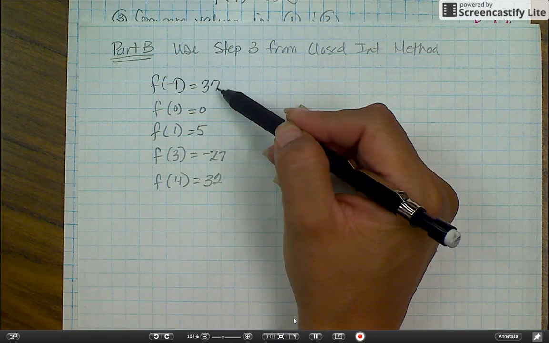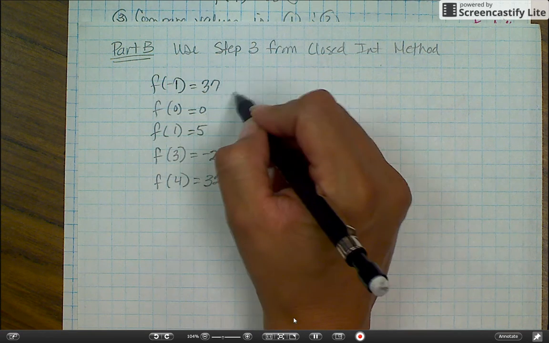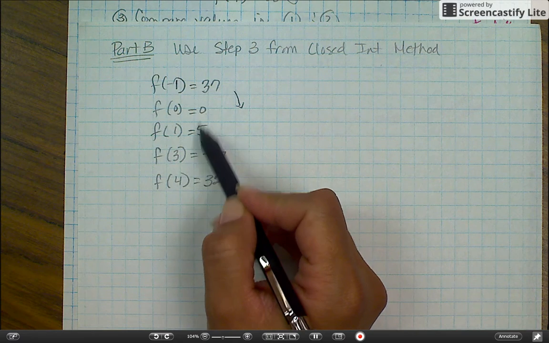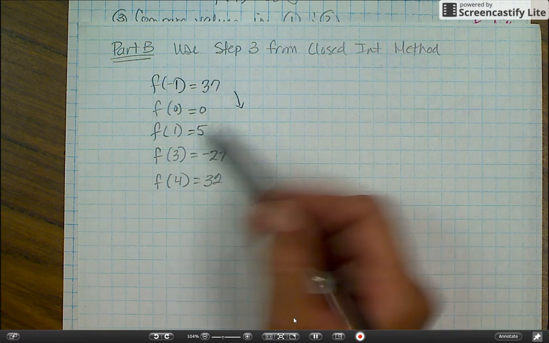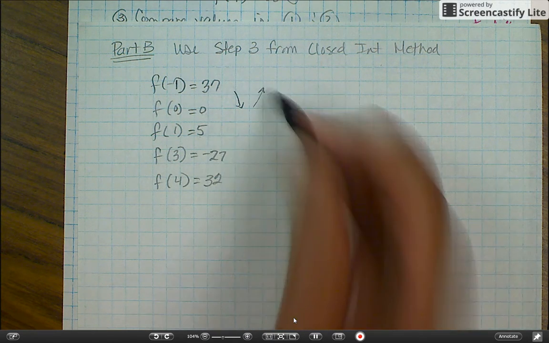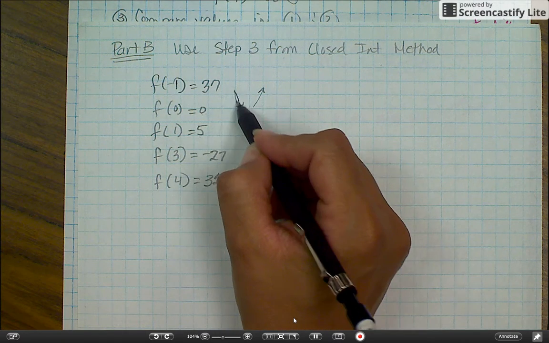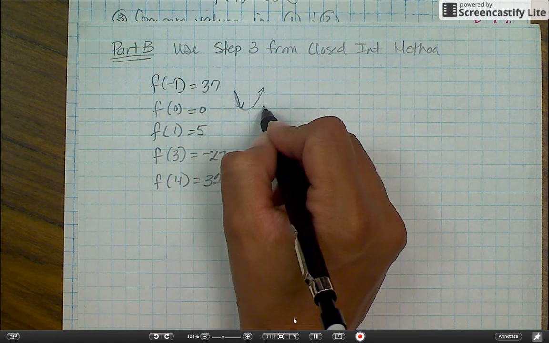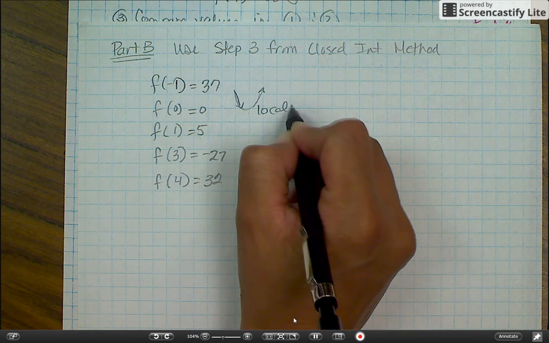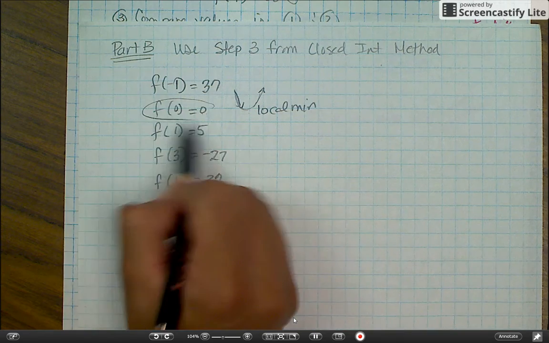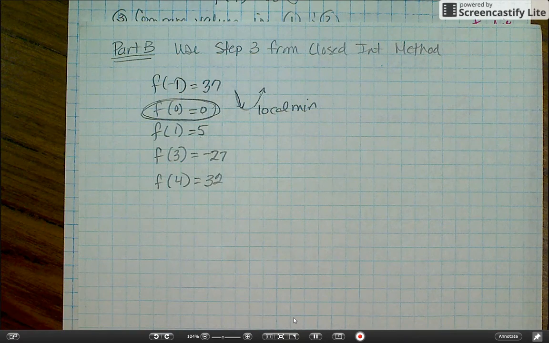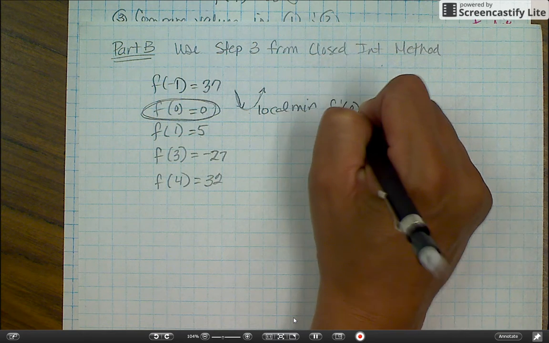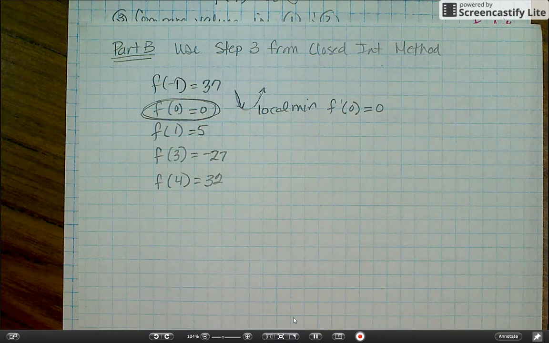When I went from 37 to 0, my function went down. And then when I went from 0 to 5, my function went up. So that means it created something like this, which would then be a local minimum. And this local minimum occurs right here, also because f prime of 0 is equal to 0.